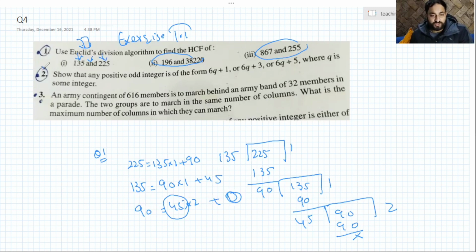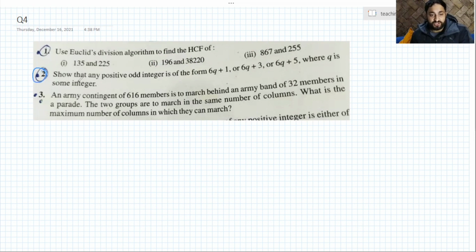Now let's do question second. What does the question say? Show that any positive odd integer is of the form 6q plus 1 or 6q plus 3 or 6q plus 5, where q is some integer. We know that by Euclid's division lemma that any positive integer can be represented in the form of 6q plus r.